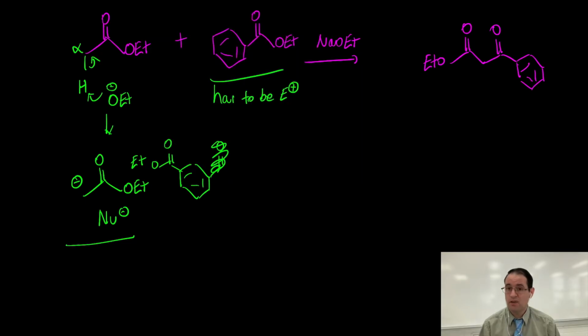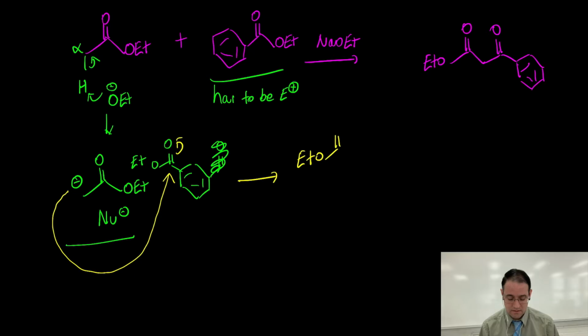All right, so in yellow, I'll show the curved arrows for this. The electrons on this carbon are going to attack that carbon right there, and you're going to get a bond formation between that nucleophilic enolate carbon and the carbonyl carbon of the ester, okay?